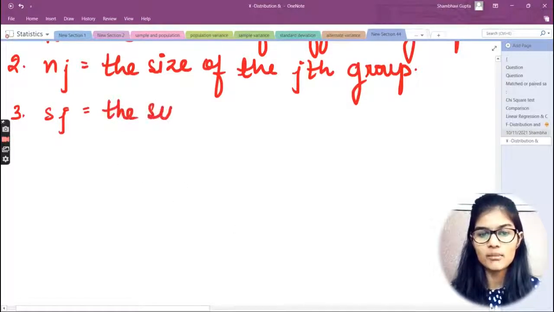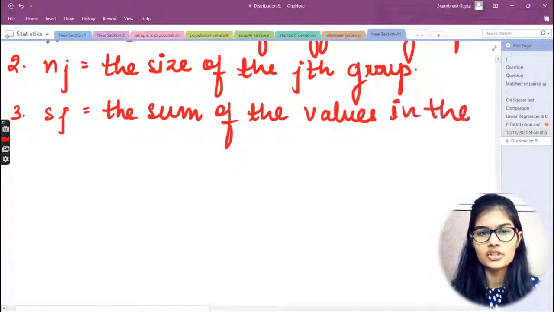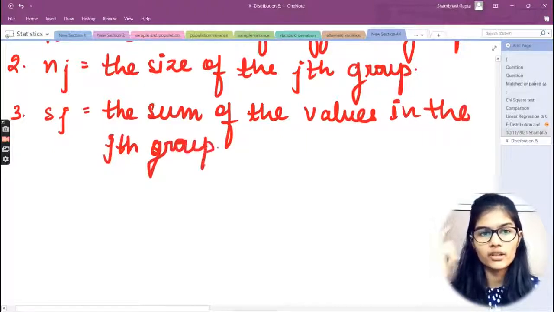So that means the sum of the values in the jth group. So when we talk about n of j, it means the size of the jth group. And when we talk about s of j, it means the sum of the values in the jth group. Fine.